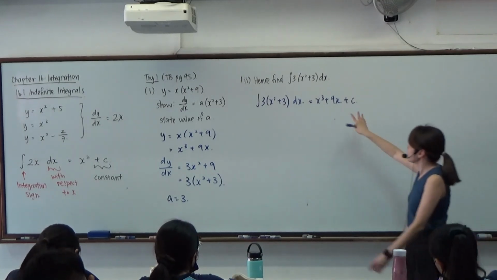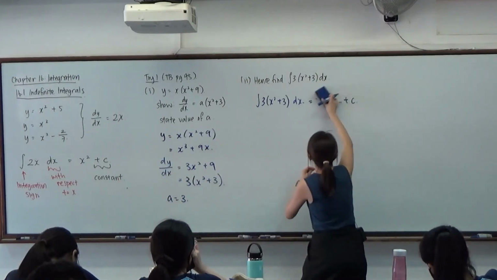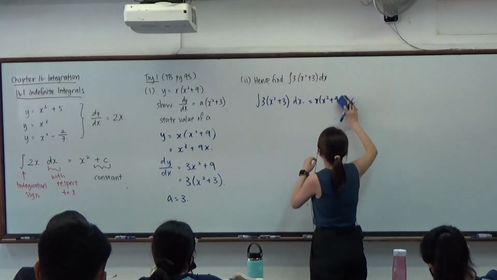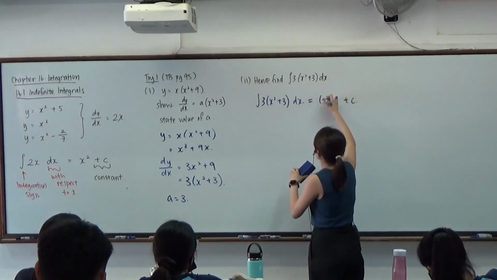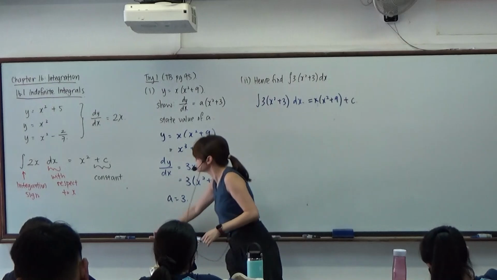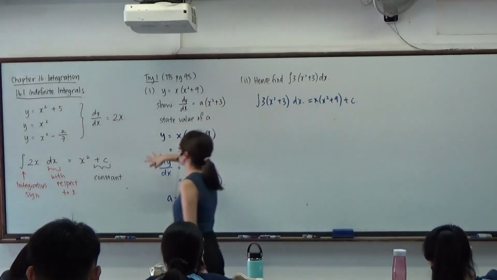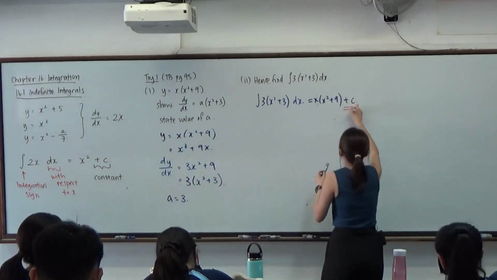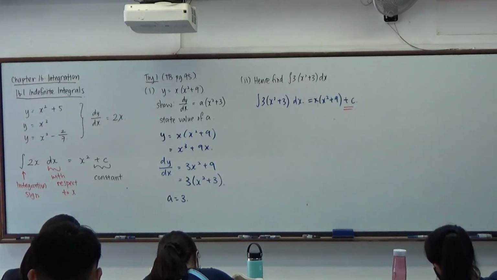Either you can put this or you can put the factorized form. So regardless of the context, even if in part A they gave it to you in this manner, where we integrate, we must recognize that there is always that constant we need to add at the back.